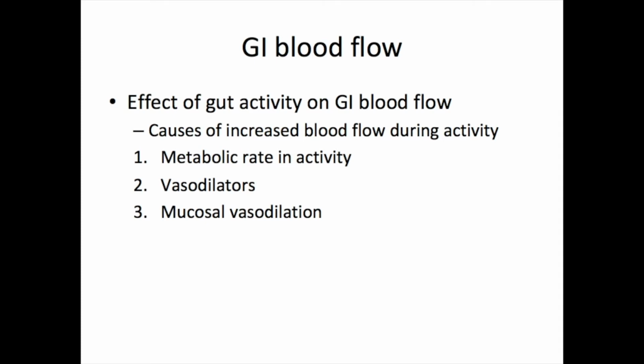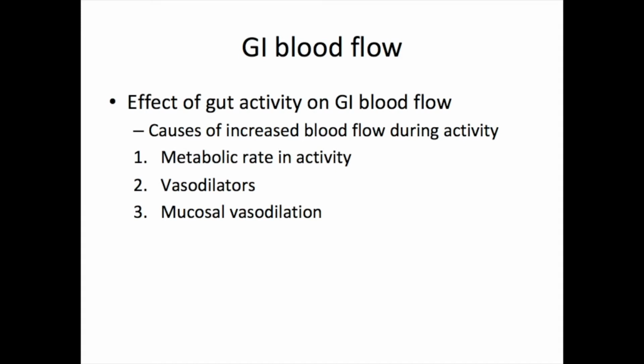Causes for increased blood flow during activity are listed here. You can see that increased metabolic rate during activity results in relatively decreased oxygen concentration, for which blood flow is increased up to 50 to 100%.